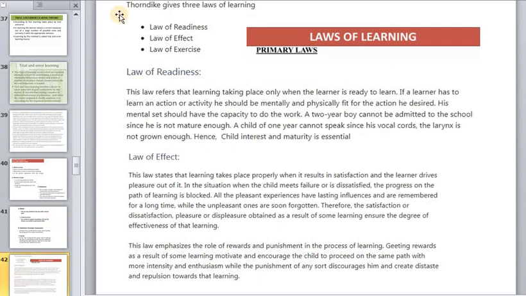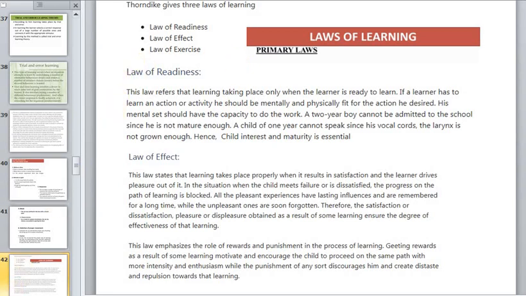And Thorndike gives three laws of learning: law of readiness, law of effect, and law of exercise. These are the primary laws, but there are also secondary laws. At first, the law of readiness.